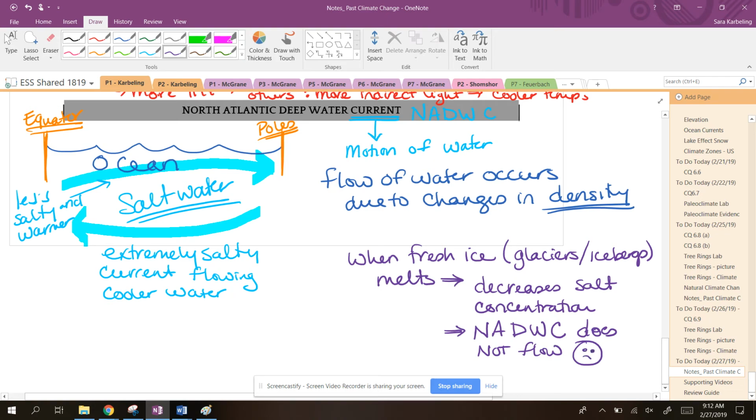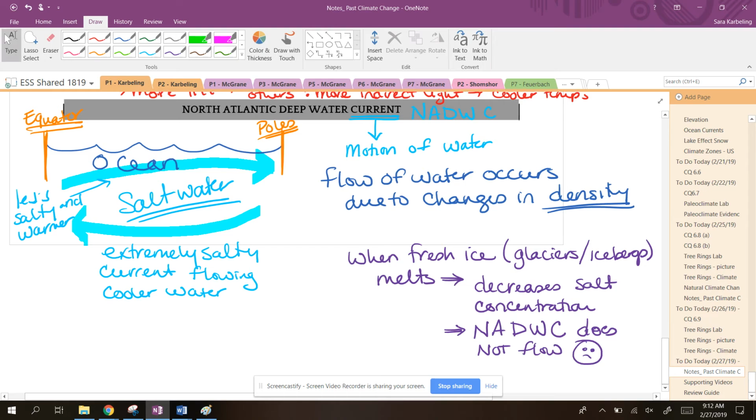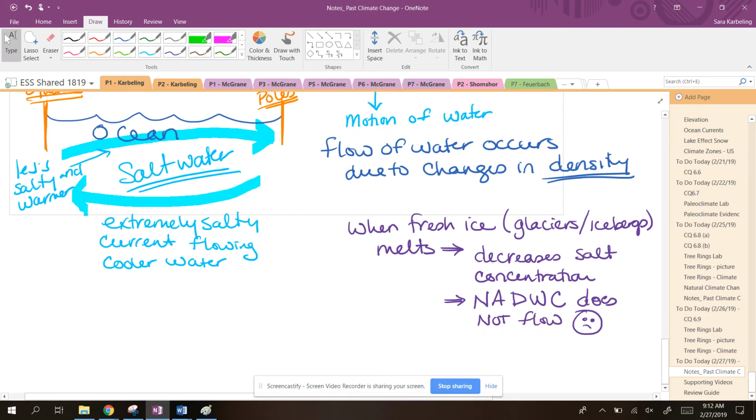And that causes changes not only in the ocean currents, but it also causes changes in the climate of the land near that.